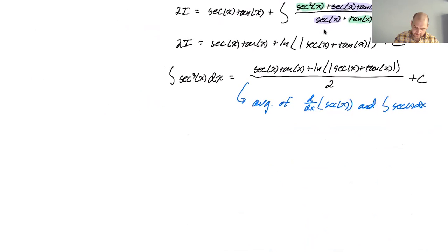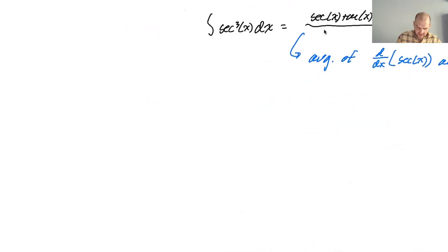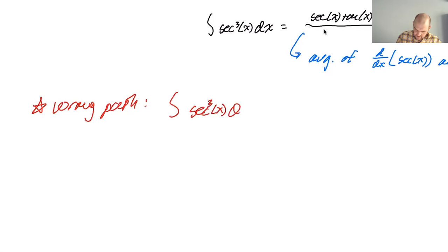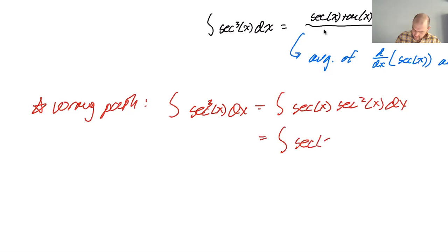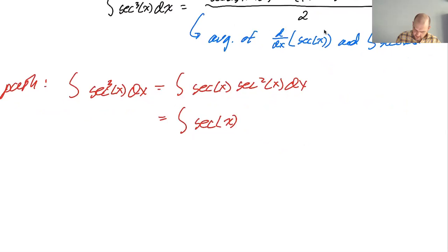I don't advise you to do things the wrong way typically, but say you go down the wrong way. This is the wrong path. So you have the integral of secant cubed equals the integral of secant times secant squared. Okay, so we're going to replace secant squared with 1 plus tan squared dx.